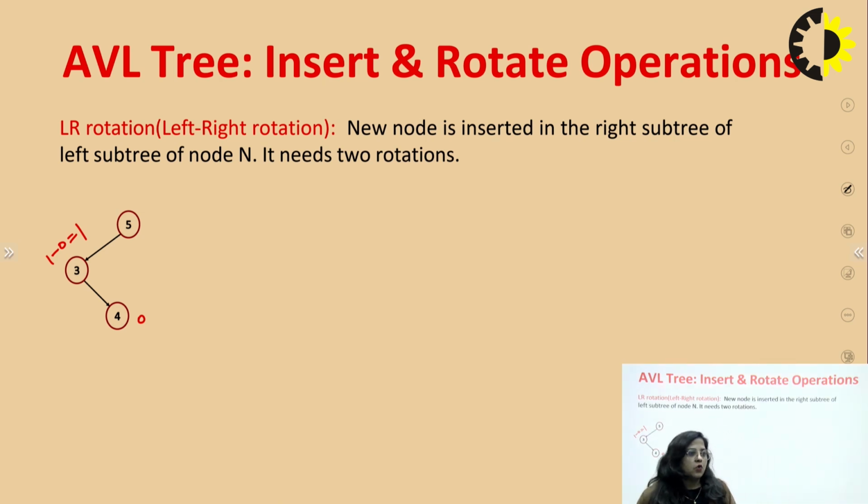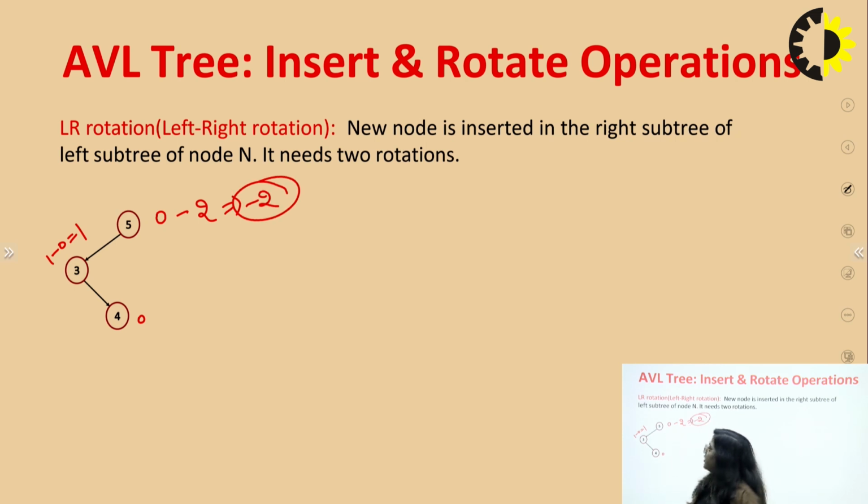The height of the right side of 5 is 0, and 0 minus 2 gives minus 2. If the balance factor is minus 2, the same condition occurs here, and we require LR rotation.